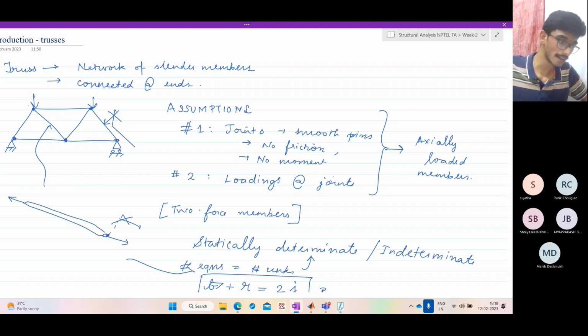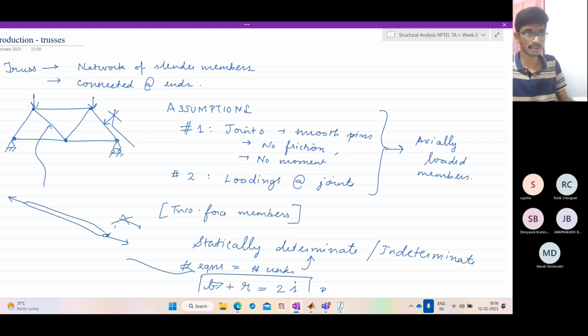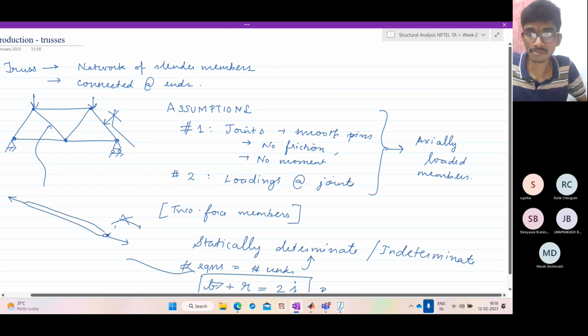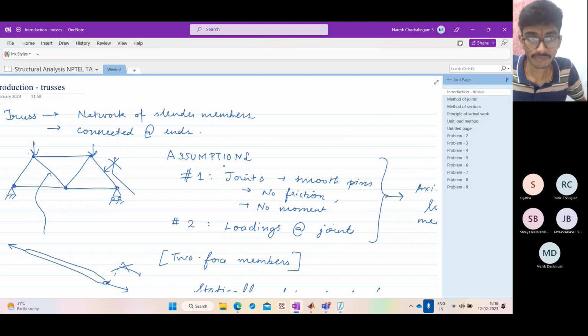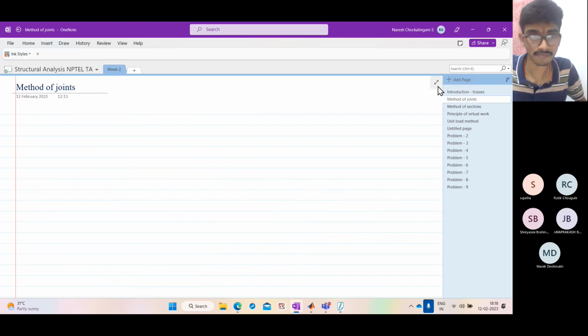Fine. Now we'll quickly review the two methods of analysis of trusses. Let's go to the method of joints.